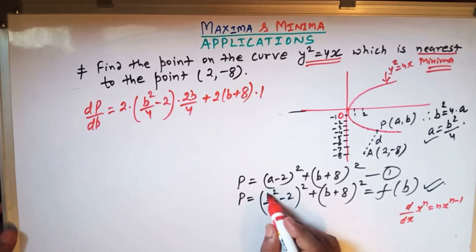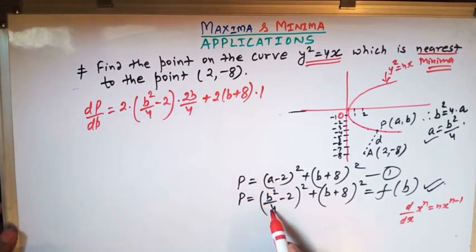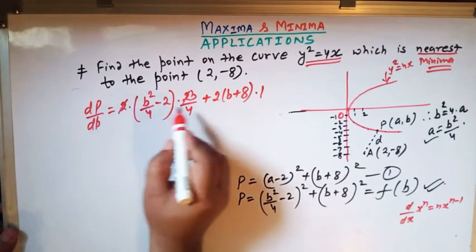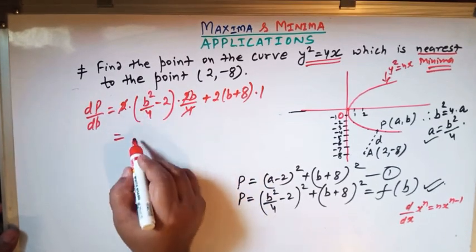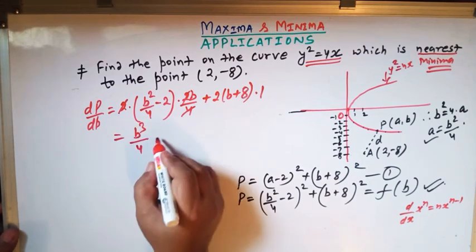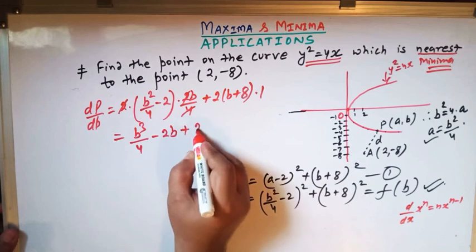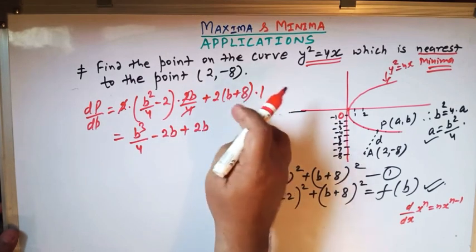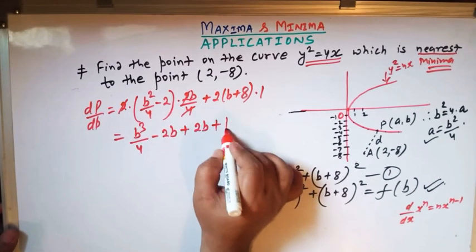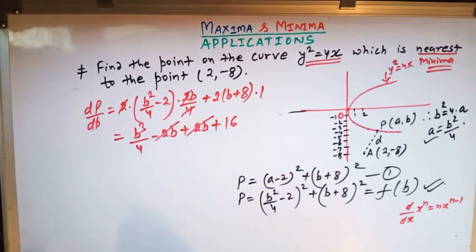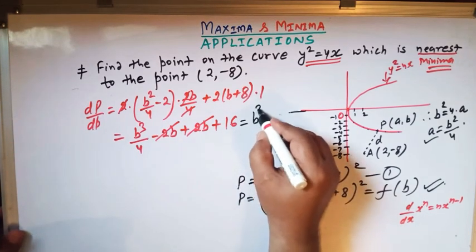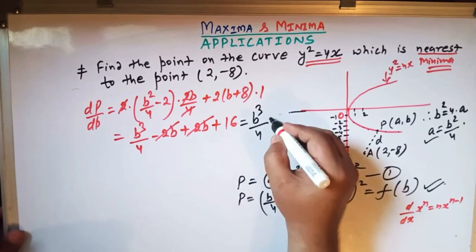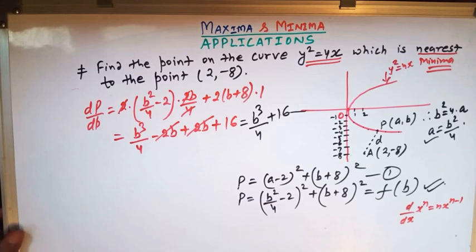So the derivative of b square is 2b divided by 4 here, and the derivative of 2 is 0. So here 2 and this get cancelled, and we are left with b multiplied inside, so we have b cube over 4 minus 2b plus 2b, we multiplied these two terms by 2, and we have 2 times 8, which is 16. So this 2b and this 2b get cancelled, and we are left with b cube over 4 plus 16. Clear?